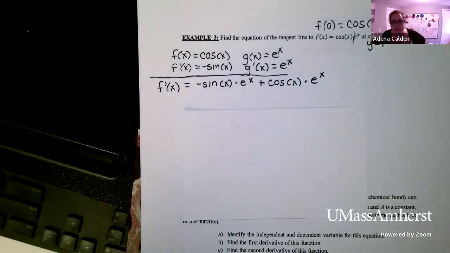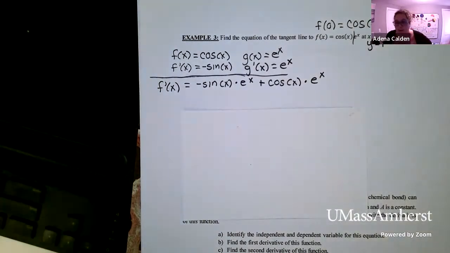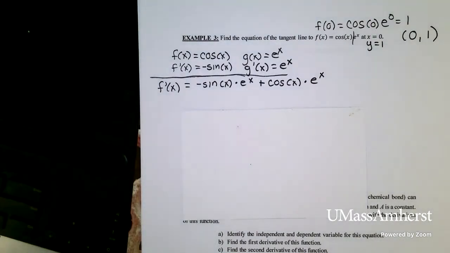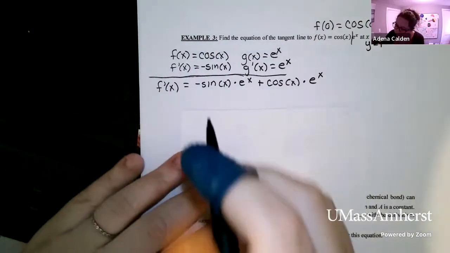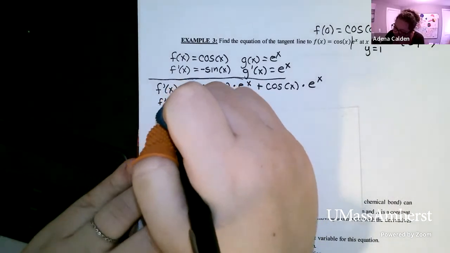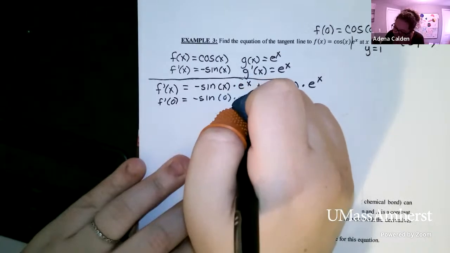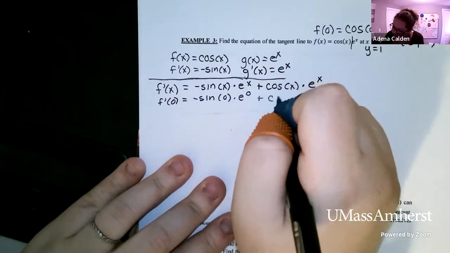Okay, so I have all my terms, and now I need to plug in 0 because that's what I'm interested in, what's going on at 0, right? So I'm going to carefully go ahead and plug in 0 everywhere I see an x.